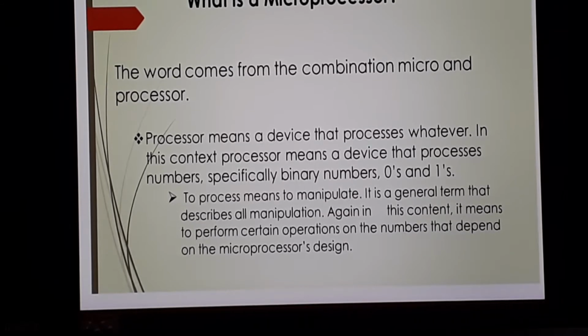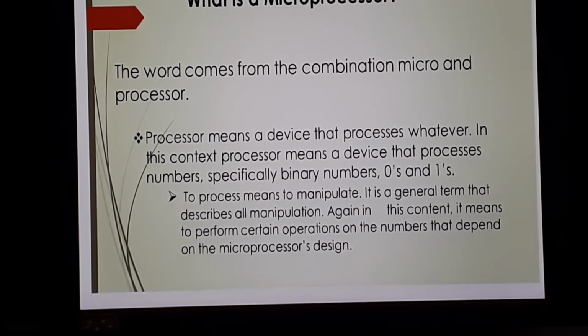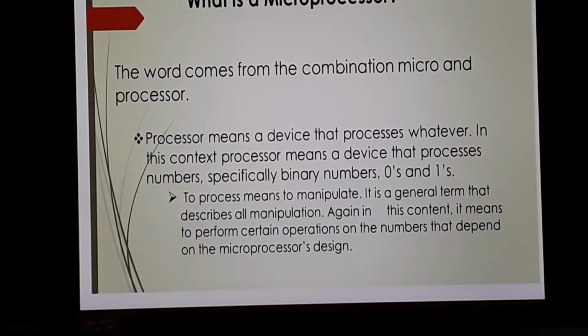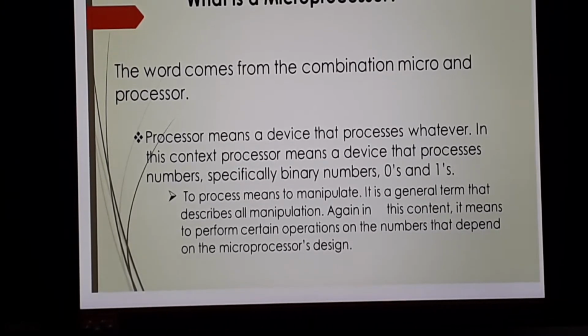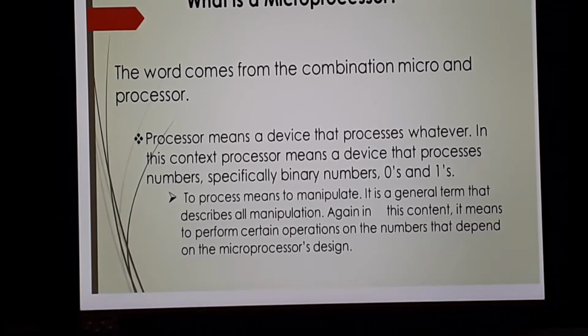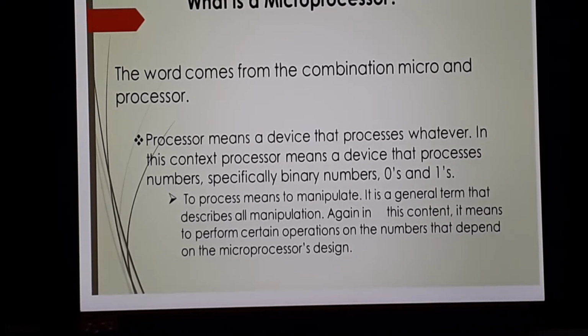So you can say the word microprocessor comes from the combination of micro and processor. Now, the processor means nothing but a device that processes, in this context, the numbers, that is binary numbers which are 0s and 1s only.